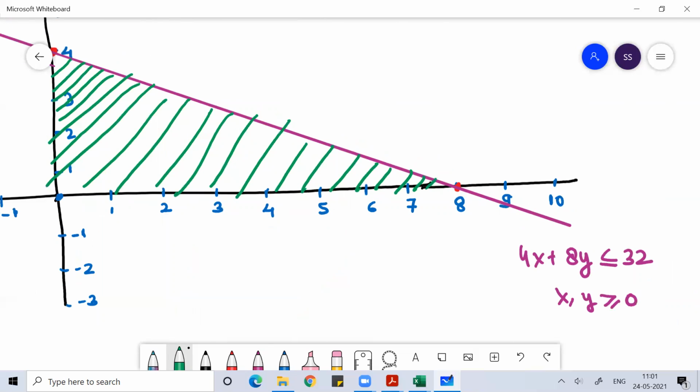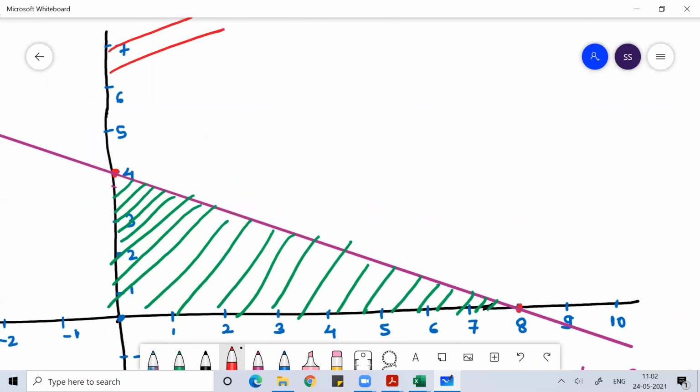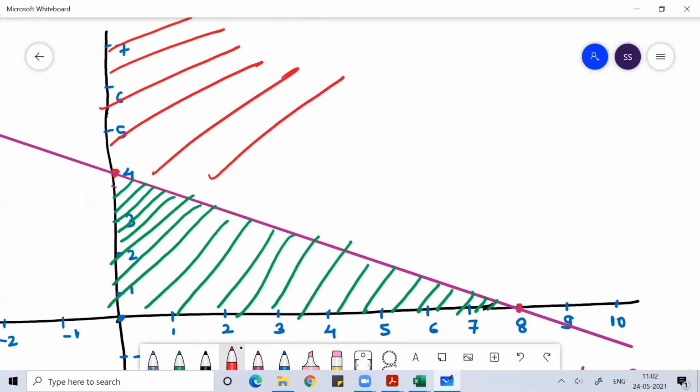Imagine if your graph was greater than or equal to 32. Suppose your line in the curve would be greater than, then what area will you consider? In that case, we would have considered this area.